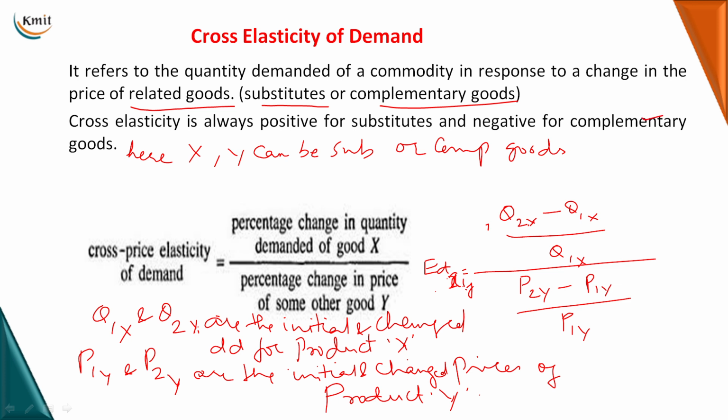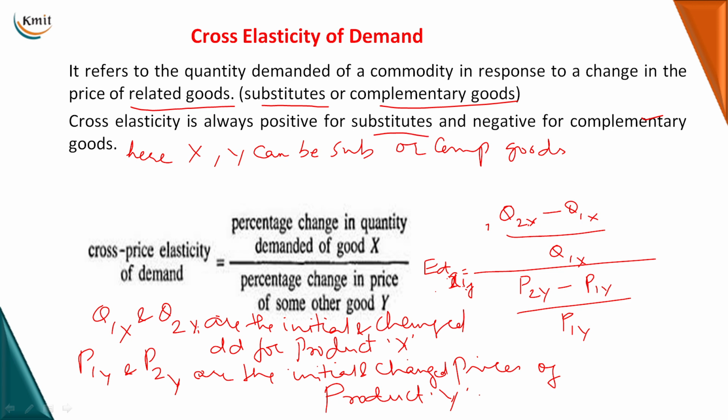If it is zero, we consider that there is no relation between the products which we are considering for the purpose of a study, right? So X and Y, we consider as substitutes as well as complementary goods.